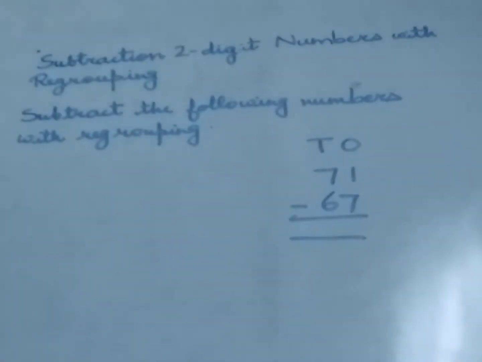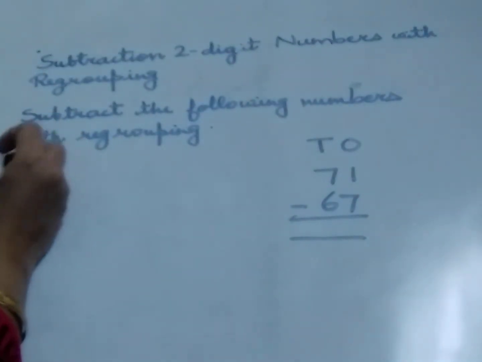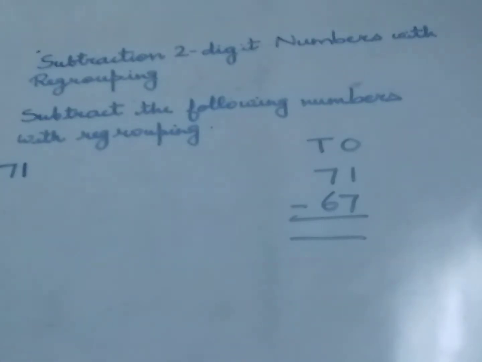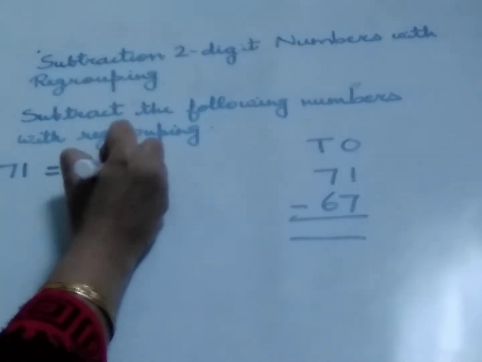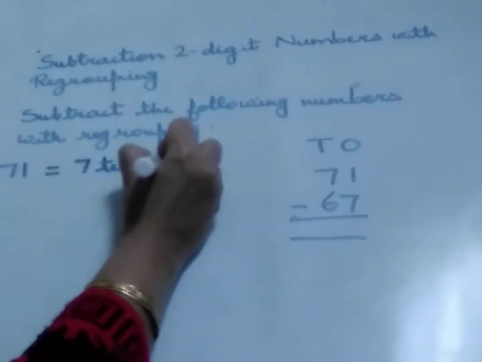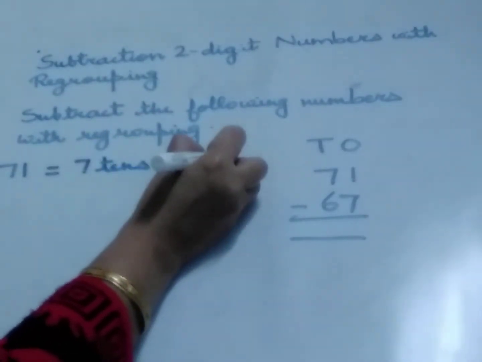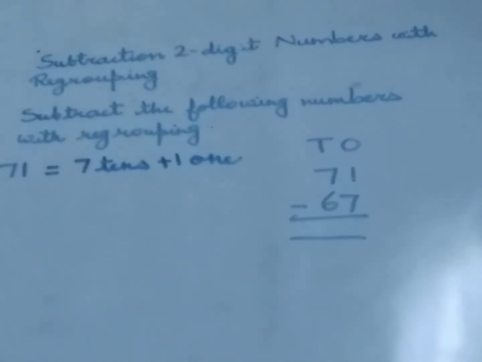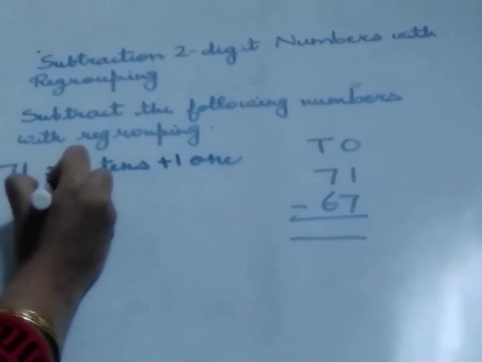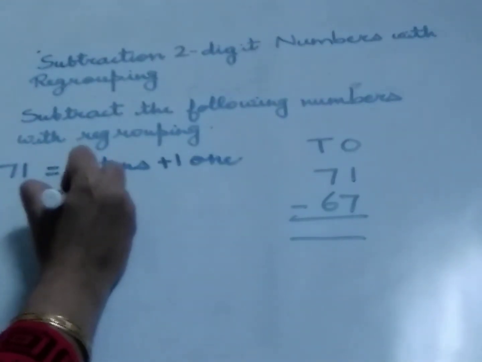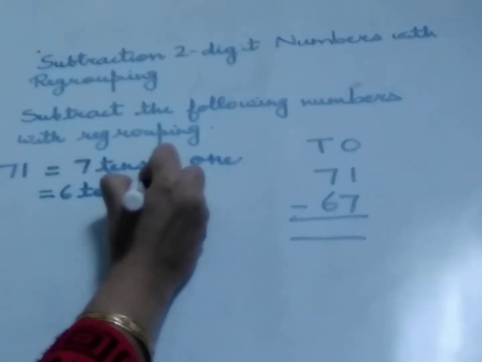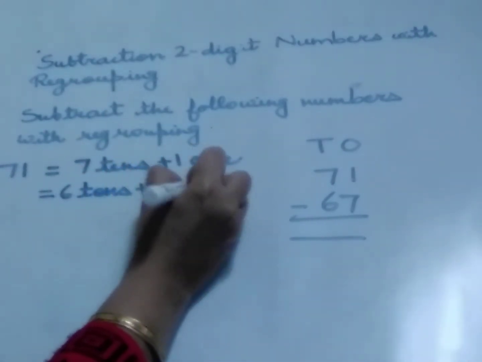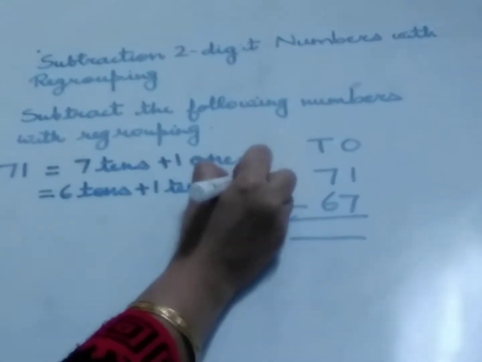So we regroup 71 as 7 tens plus 1 one. You can write 7 tens as 6 tens plus 1 ten plus 1 one.